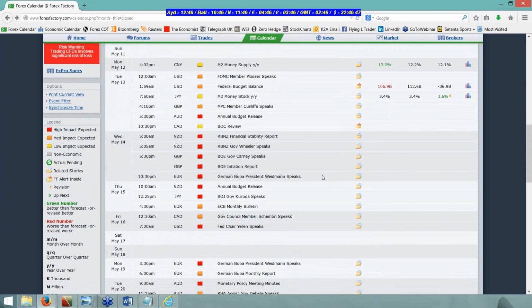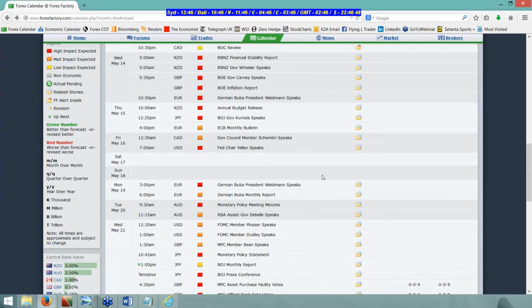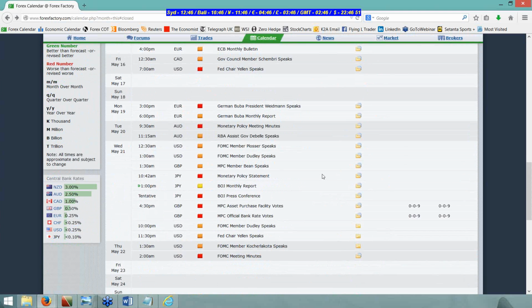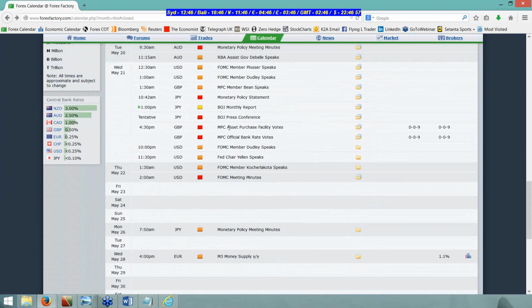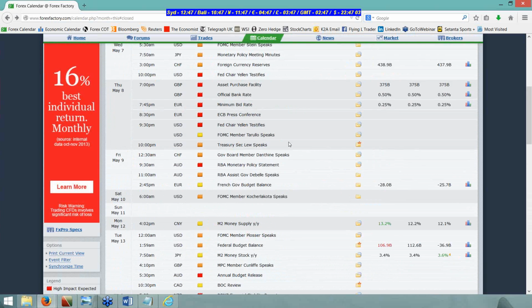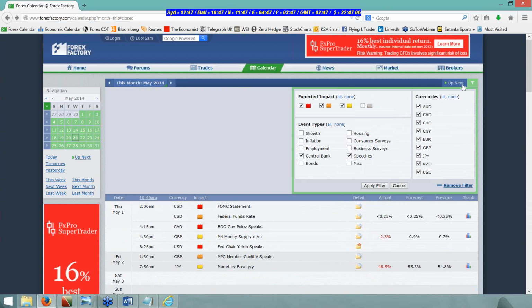Here we're just looking at central bankers, and they're a bit active, aren't they? Here we are today, with the BOJ and MPC. So that's the filter.